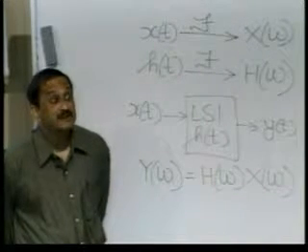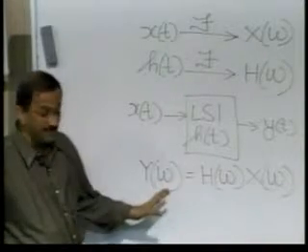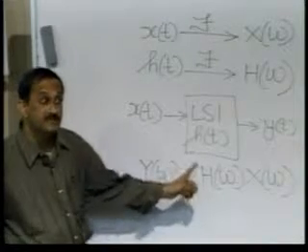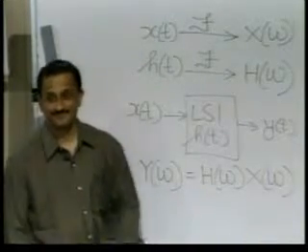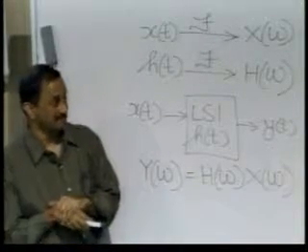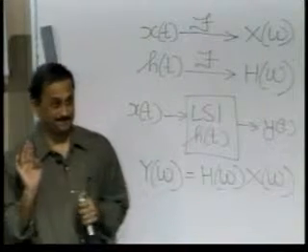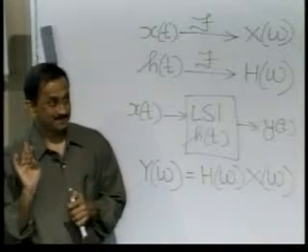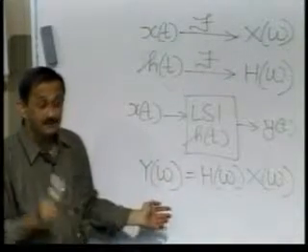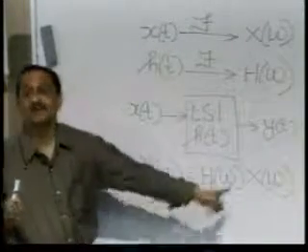It's a statement slightly stronger than memorylessness. It's also a statement of linearity. Now, what I'm trying to say is the following. Think of this as a system defined on omega. Think of omega as an independent variable. So you have an input defined on omega, the output is also defined on omega. Now, if you think of omega as an independent variable, this is an example of a linear memoryless system.